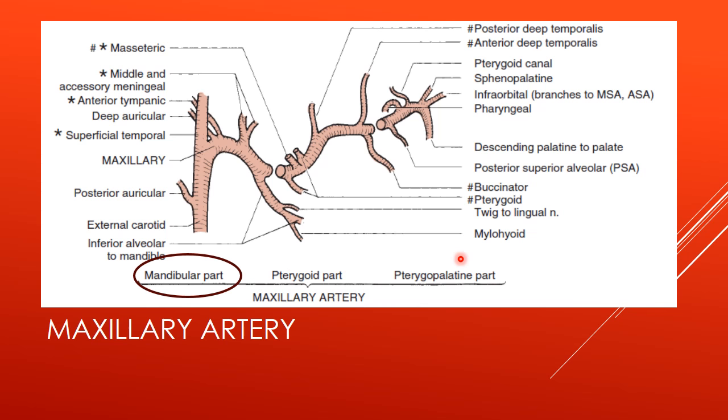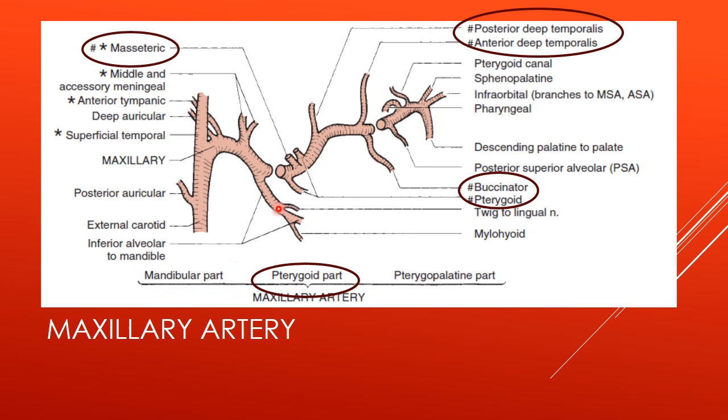The mandibular part of the maxillary artery includes the inferior alveolar artery. The inferior alveolar artery, like the inferior alveolar nerve, enters the mandible through the mandibular foramen, supplies branches to the mandibular posterior teeth, then divides into two branches, the mental artery and the incisive artery, which parallel the mental nerve and the incisive nerve respectively.